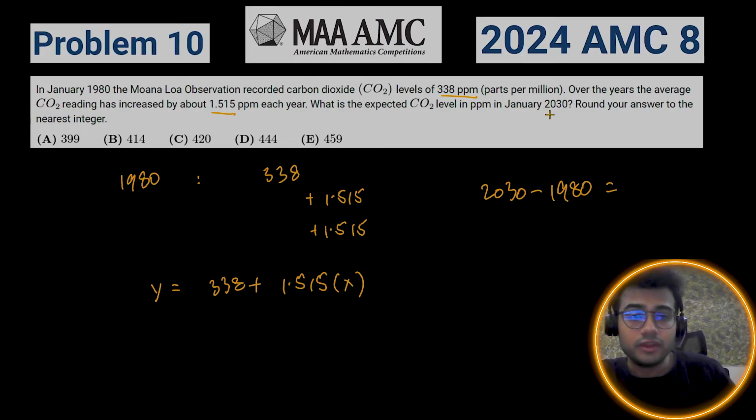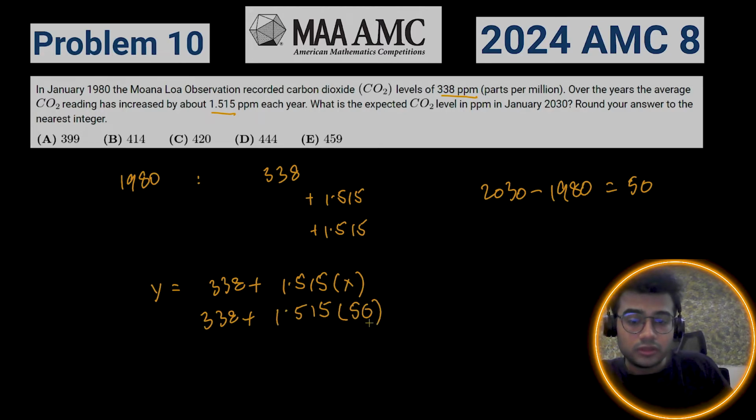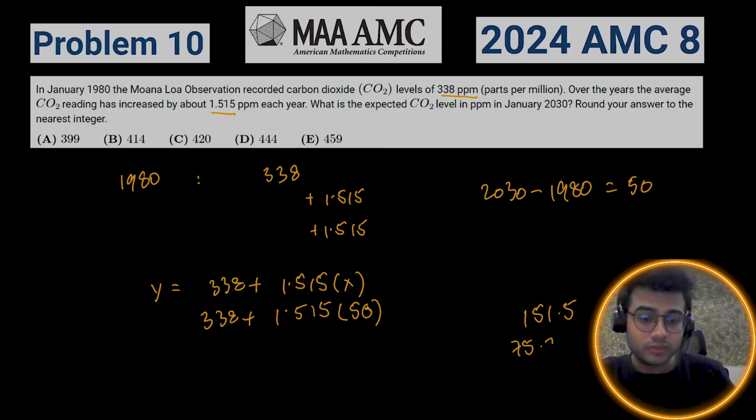So in our scenario, until 2030, it must be 50 years. So X is 50. So all we have to do is do this calculation, and there's an easy way to do that as well, because you can just do 1.515 times 100, which gives you 151.5. Half of that is going to be 75.75.